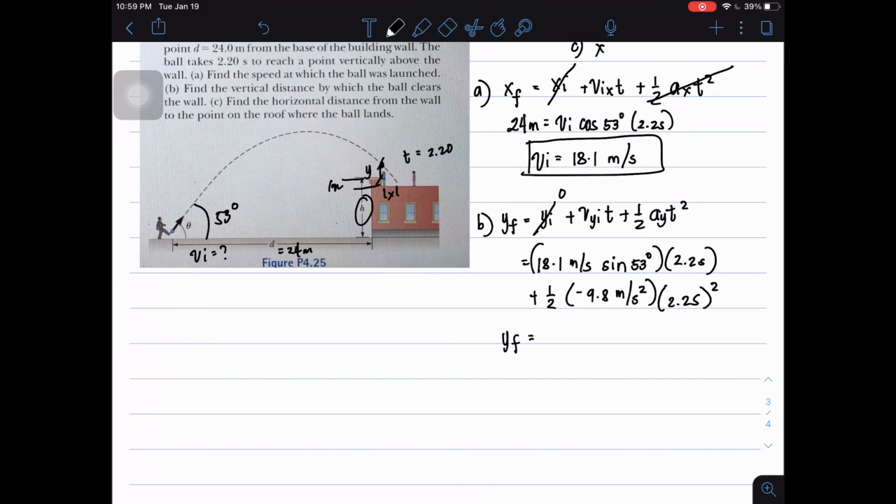Sorry, it's not yet 1.13. It should be 8.13 meters first. And then we're going to subtract the 7-meter height of that building. And then we will have y as 1.13 meters.